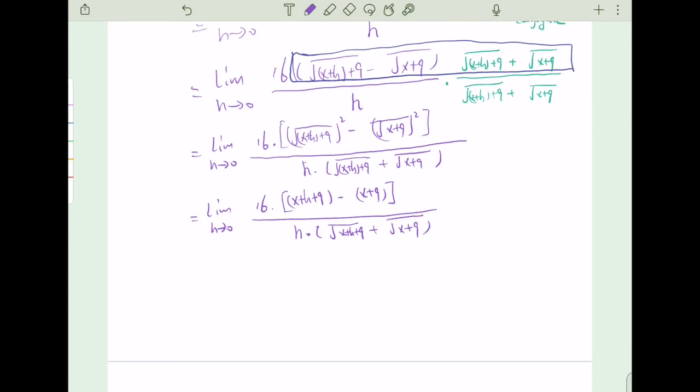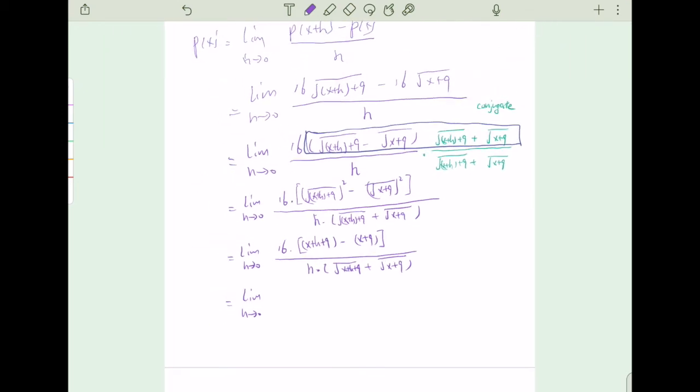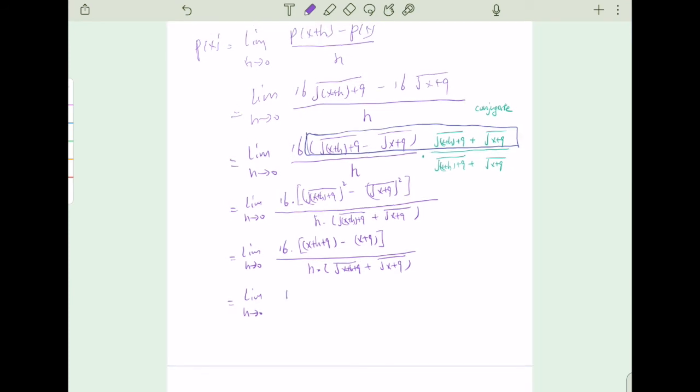Okay, now continue to simplify the top. We have 16 times h, because the x plus 9s cancel.